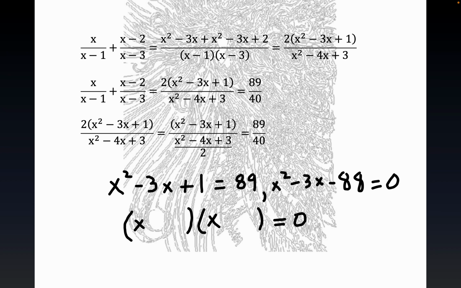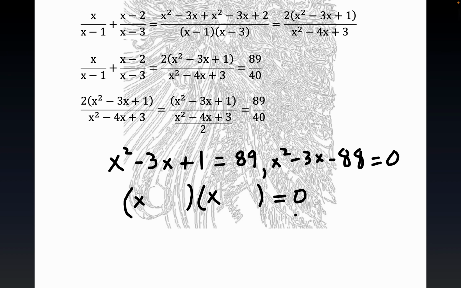Keep in mind we are looking for a positive integer solution here. So just playing the game of trial and error, you will have minus 11 plus 8, right? And again, that's trial and error. You can use the quadratic formula if you don't feel like doing the trial and error.